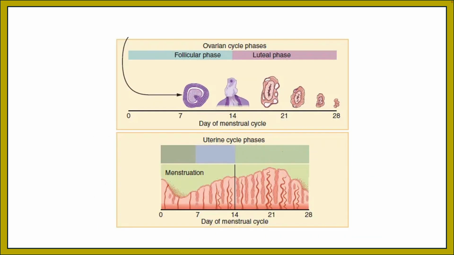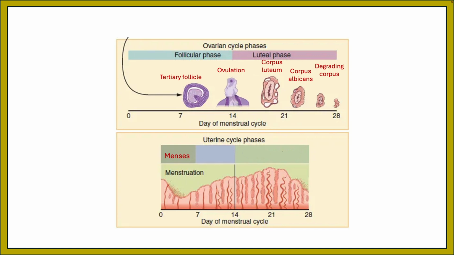So if we look at the ovarian cycle phases on the top and the uterine cycle phases on the bottom, you can see the tertiary follicle around day 7 is being formed. It's going to ovulate around day 14, and then you have the corpus luteum become the corpus albicans, which is just really what it becomes if pregnancy does not occur and it continues to degenerate. The uterine cycle phases are going to coincide with this.